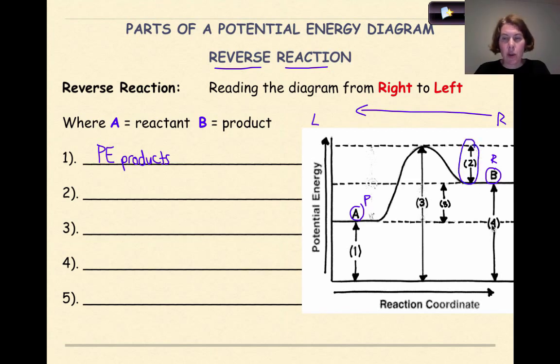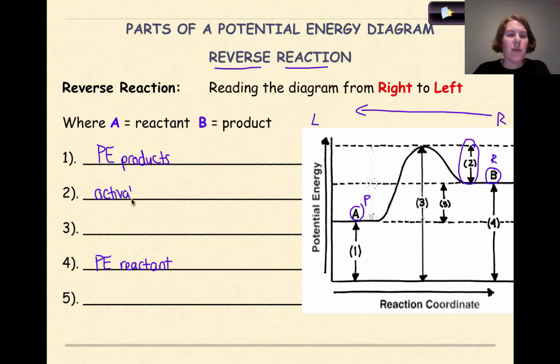If we jump ahead for a minute and look at 4, we know that 4 is the potential energy of our reactant, because we're going to call B here our reactant since we're going in reverse. So 2 is the activation energy of our reverse reaction. If we were to look at this going from right to left, 2 would be our activation energy.